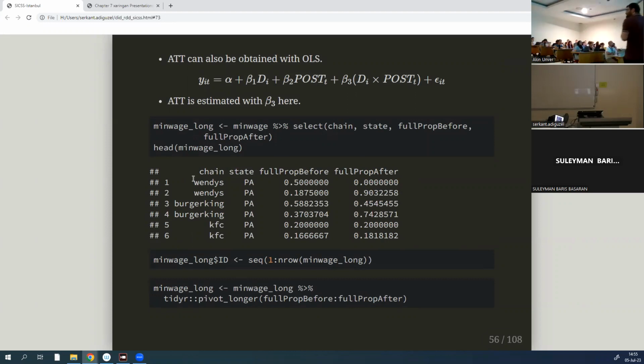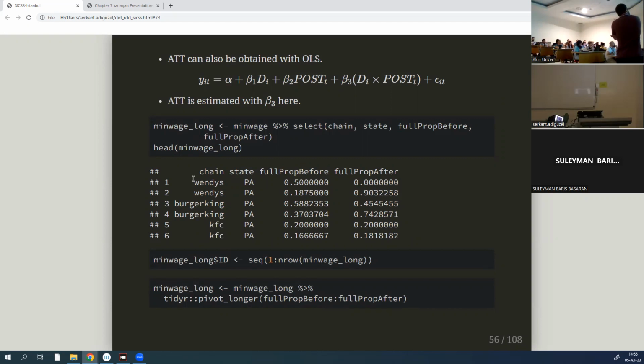In this canonical simple design, it's fine to use OLS. When we have more complicated designs, no, we'll see that. But in this 2x2 canonical simple design, the DID estimate is essentially captured by beta 3.